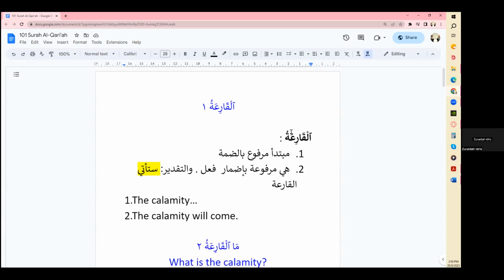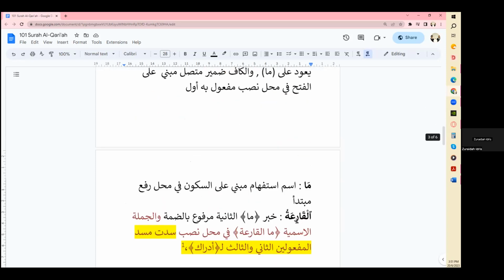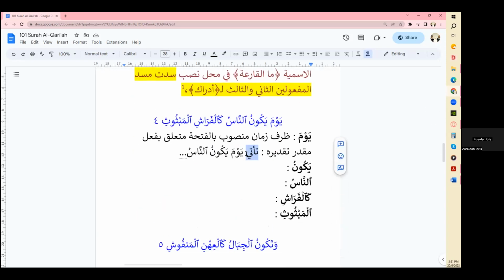So that's why there were two options here, that this was a mubtada' or this was a fa'il. If it's a fa'il, then there has to be a fi'il before it. So we did the same here, but this time it's not a fa'il, but we're talking about a detail.